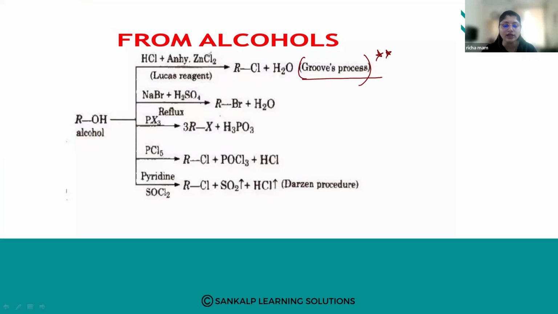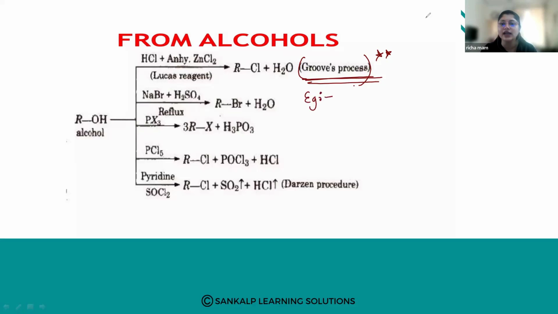What is Groves process? Chloroalkanes can be obtained by passing HCl in alcohol in the presence of anhydrous ZnCl2. This is called Groves process. What can be the example?